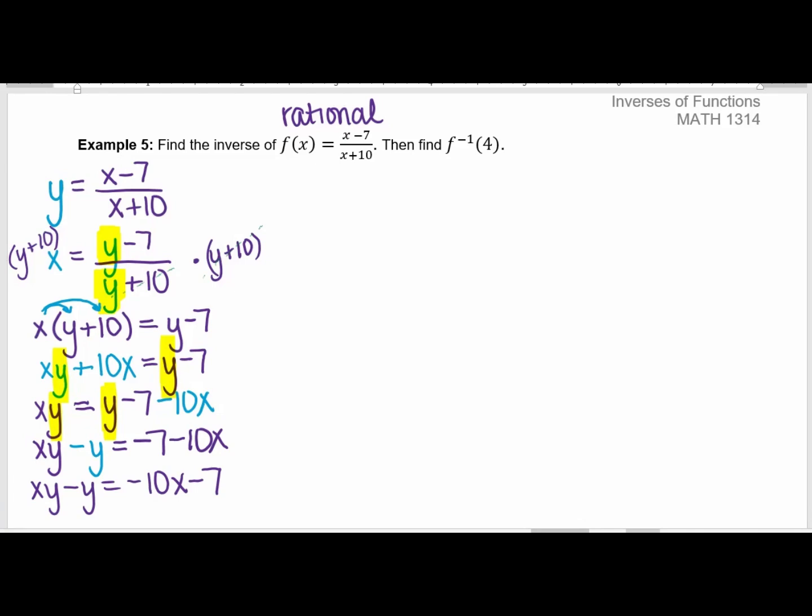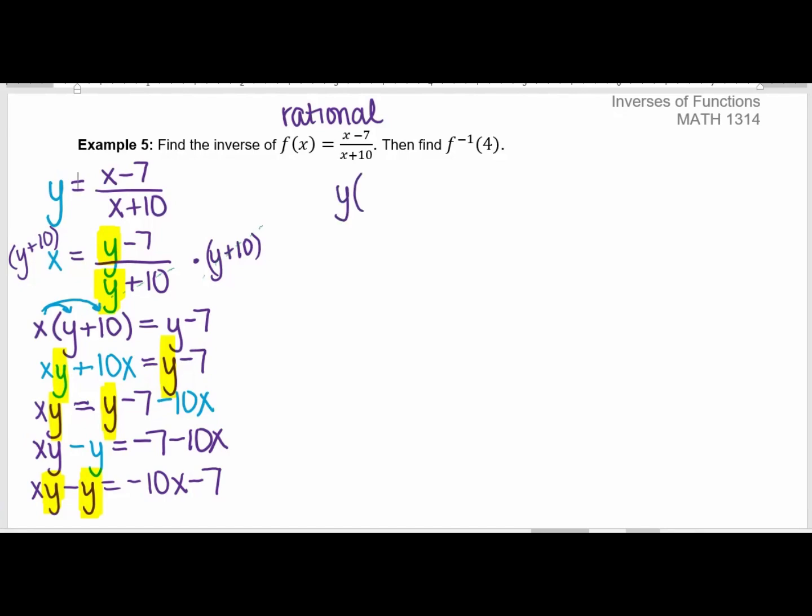We do not have the y by itself yet on the left-hand side, and we can't combine xy and y because the first one has more variables than the second term. But we can say that they have a GCF, the greatest common factor of y. Both sides have a y. So let's factor it out.